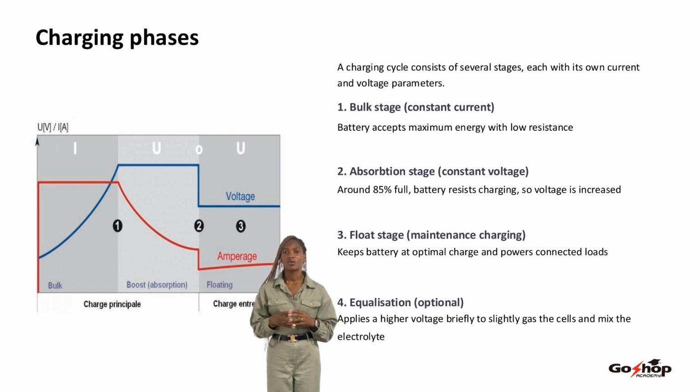The current gradually decreases until it is nearly full. Float phase, maintenance charging. Once fully charged, this phase maintains the battery at 100% without incurring an overcharging risk. Equalization, optional: occasional higher voltage to rebalance electrolyte, useful for certain batteries.